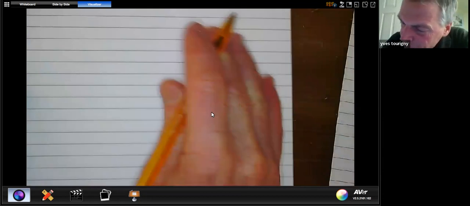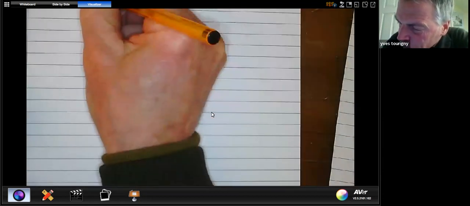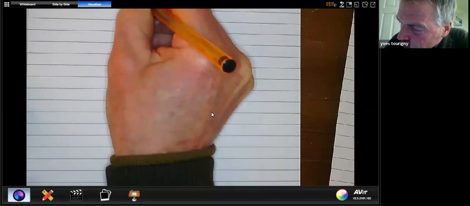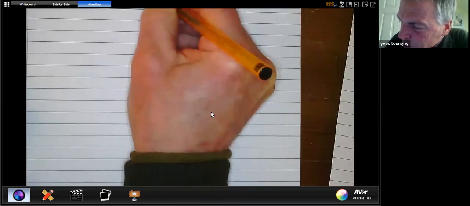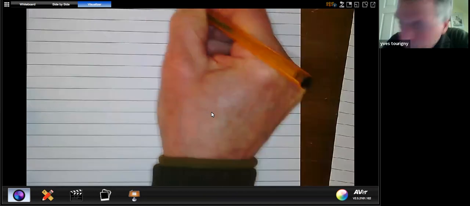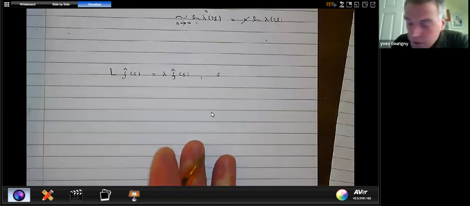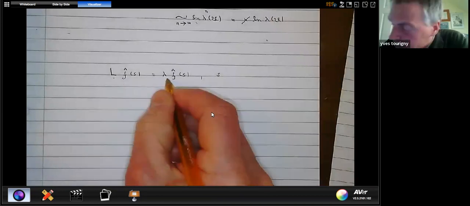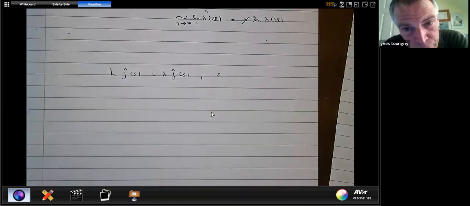So imagine I have some operator. Suppose I've reduced my problem to something like this. I've got some differential operator, I've got my eigenvalue here, and I'm working in Fourier space.